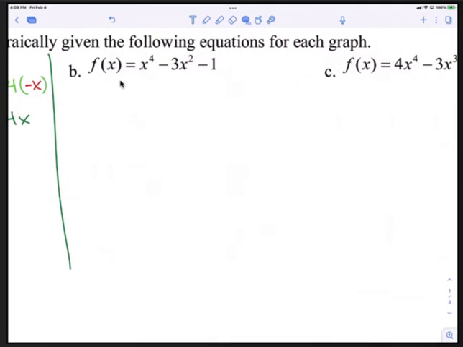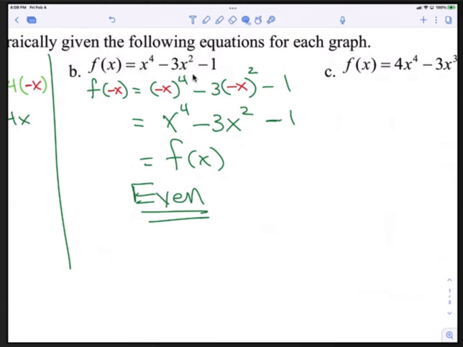Part B, we have f of x is x to the fourth minus 3x squared minus 1. Replace all of these x's with negative x. And this is the result. We have negative x to the fourth, that's going to simplify to positive x to the fourth.